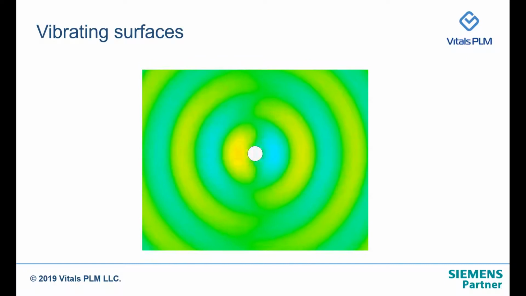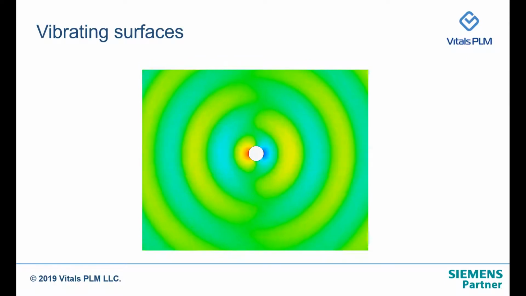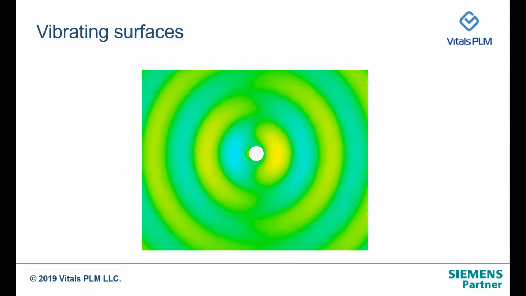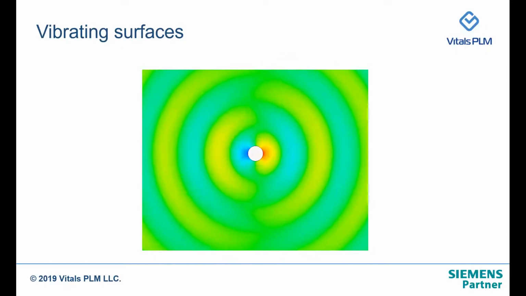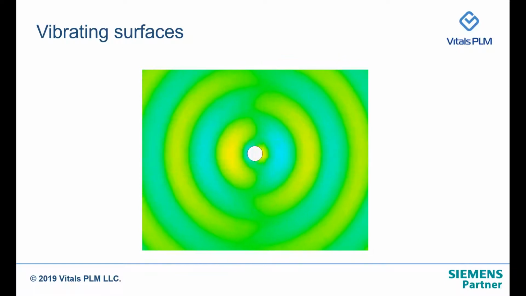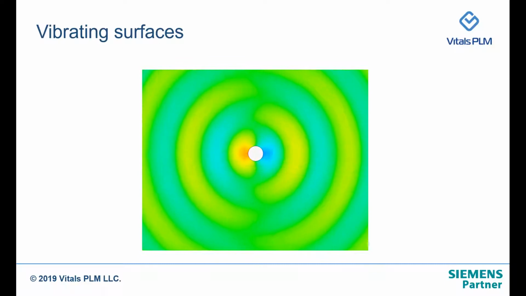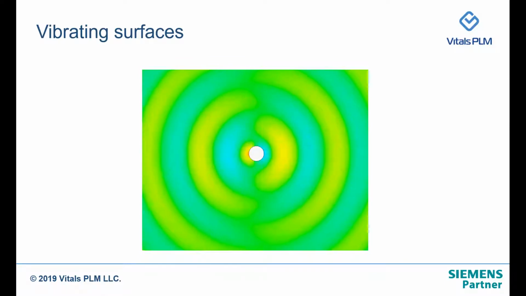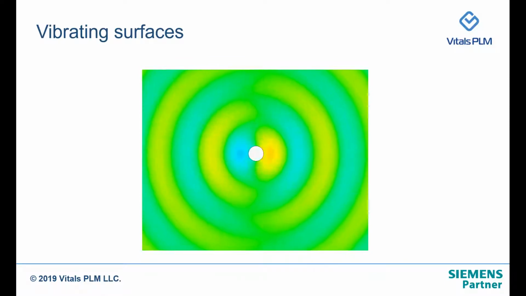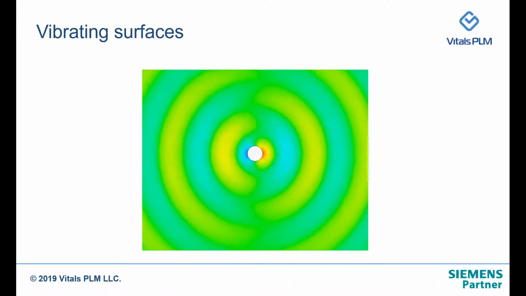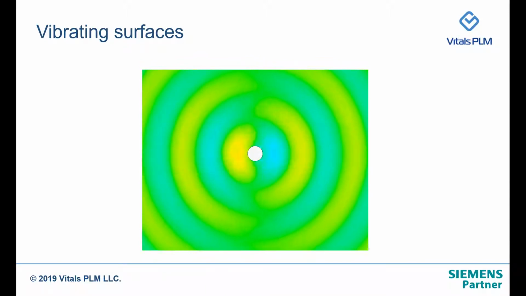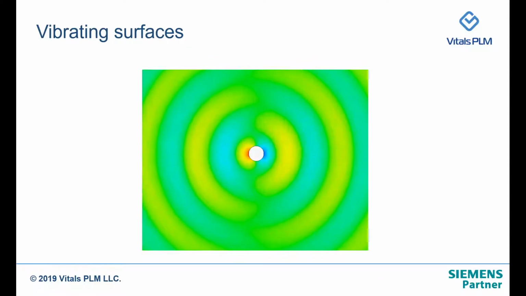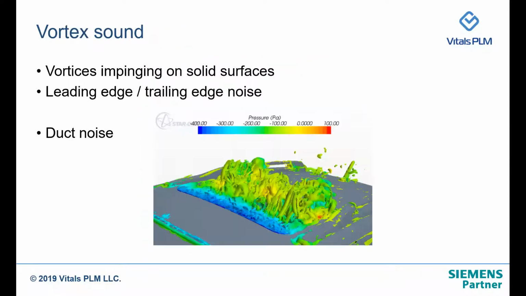Similarly, here the vibrating surfaces would become a source for sound. Instead of a pulsating sphere, here the cylinder is moving back and forth from left to right and right to left, creating fluctuations in the pressure field of the domain, and that can be sensed as a source for the sound.